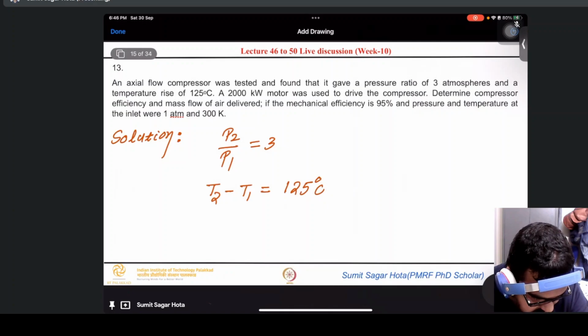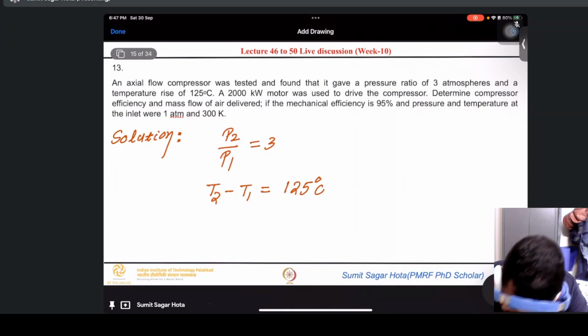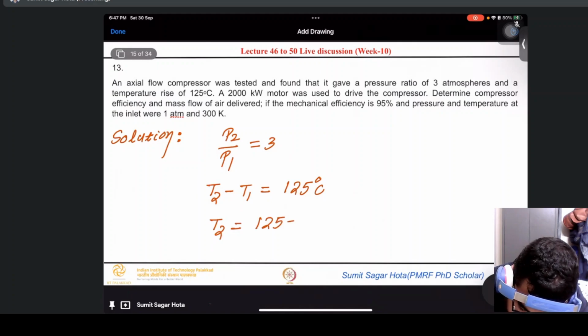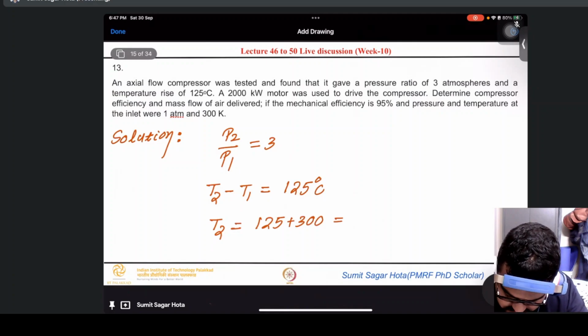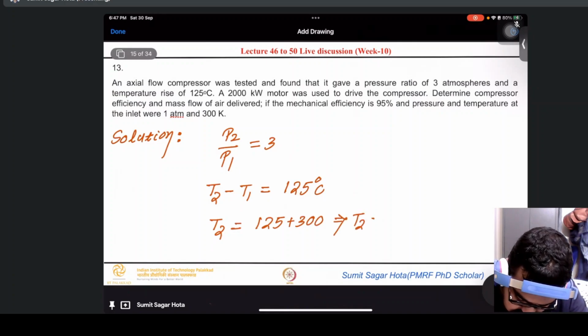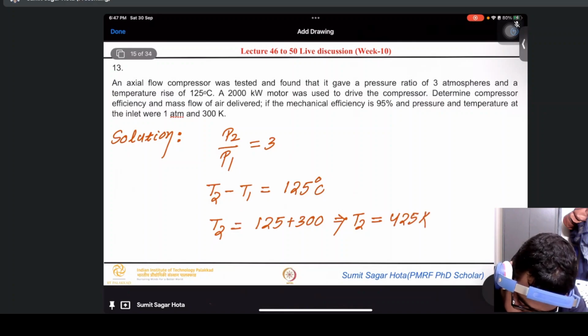And T1 you already know, 300 Kelvin. That means now you can find T2. T2 equals 125 plus 300. That means your T2 is 425 Kelvin.